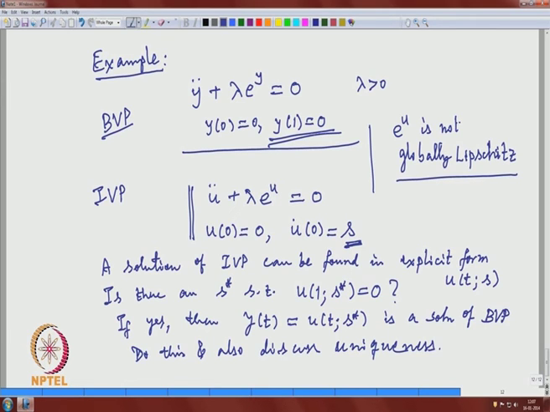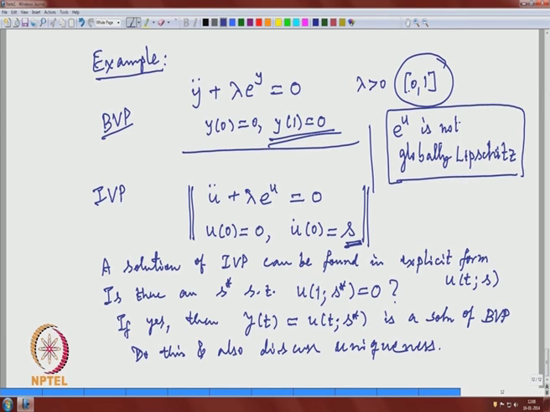In this situation we have just 0 to 1. Okay. So, we are satisfied if a solution of the initial value problem exists for all t in this interval. We are not bothered whether it blows up outside that. So, there are possibilities of weaker hypotheses.